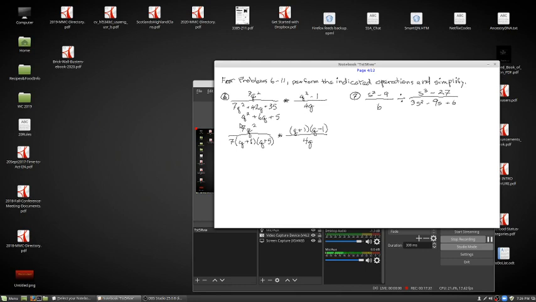Okay then, the 7's here cancel out. Q goes into q squared, q times. So this just ends up being q here. And these q plus 1's will cancel out. So we end up then with q from this denominator times q minus 1 from the second numerator, pardon, I think I said that wrong.